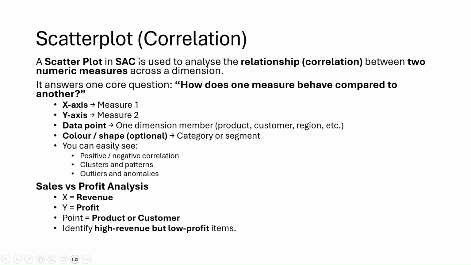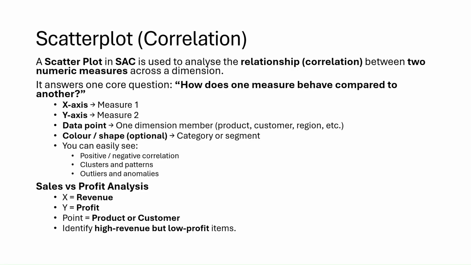So you will have x-axis and y-axis as the two measures, and then you will have the data points as one of the dimensions, whether you go by the product or customer or region, etc. And then you can also use color for category or segment, and then you can easily see positive or negative correlation, like whether all the clusters we are looking at are appearing at one position or it is going up or down together. Or maybe one is going up and at the same time another is going down. So it is just showing the relation.